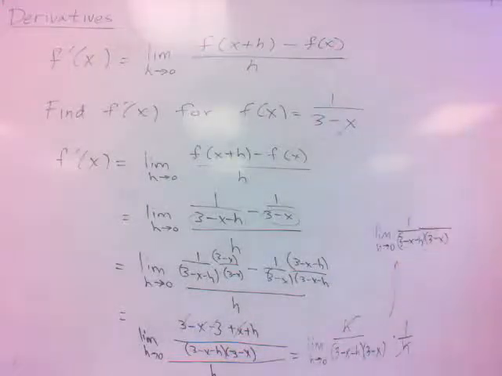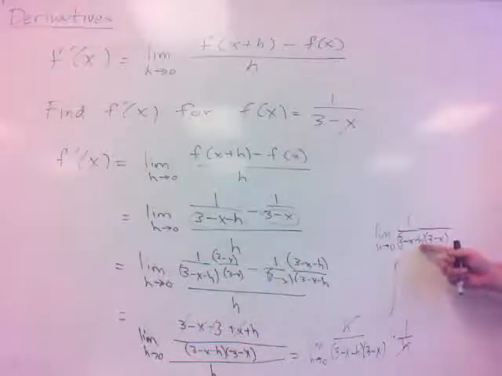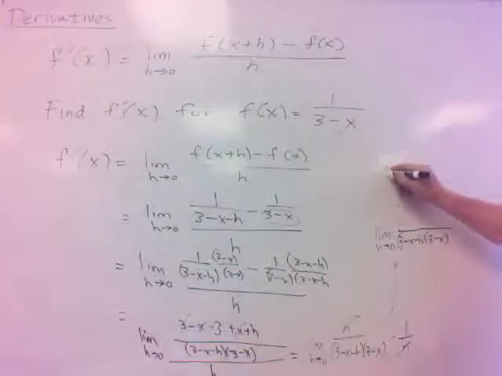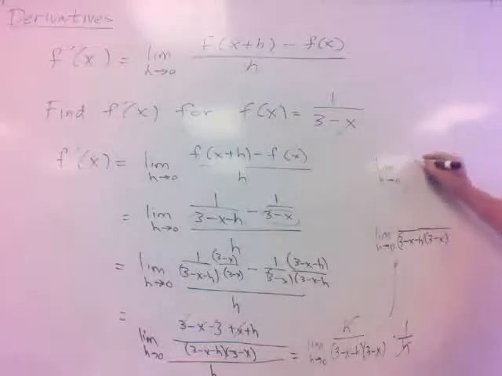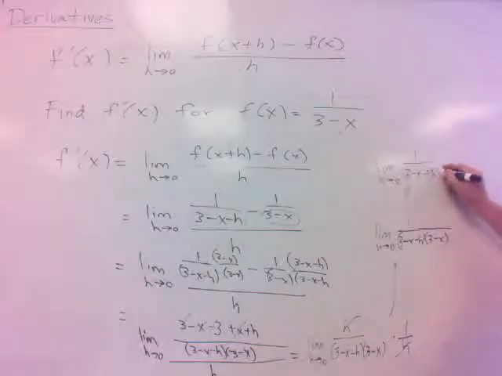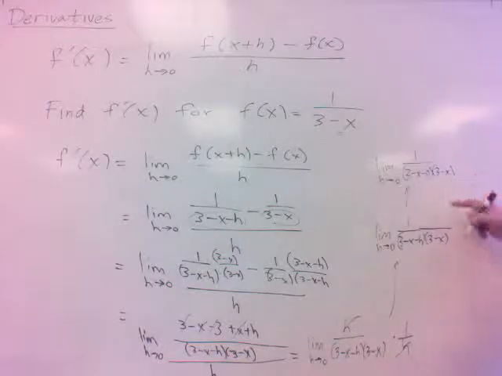Now the h goes to 0. We have no problem, because the bottom does not go to 0. We're in good shape. Just the h goes to 0, right? And so that'll be the limit as h approaches 0 of 1 over 3 minus x minus 0 over 3 minus x. Just the h is going to 0.